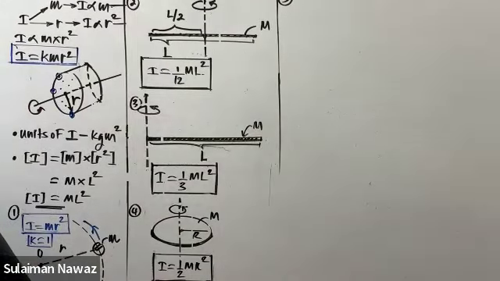If I repeat it again: the moment of inertia of a uniform thin disk of mass capital M and radius capital R about an axis which goes through the center of the disk.